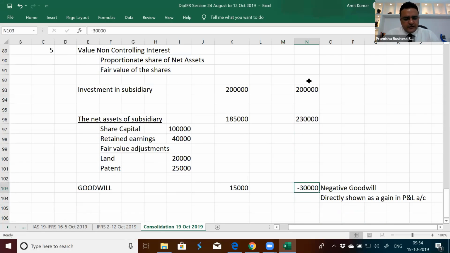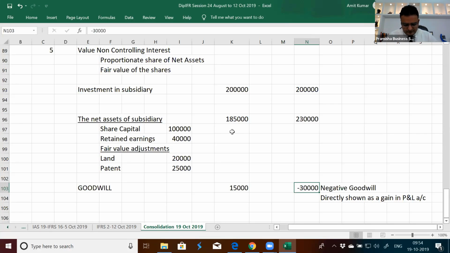Negative goodwill is a gain for the parent company, showing they are good negotiators. It's like Lakshmi Niwas Mittal buying companies and then reviving them. By paying just 200,000, they were able to acquire net assets which have a fair value in the market worth 230,000. There is a gain of 30,000 directly shown in P&L. Is this clear, Akash? Hello, is this clear?